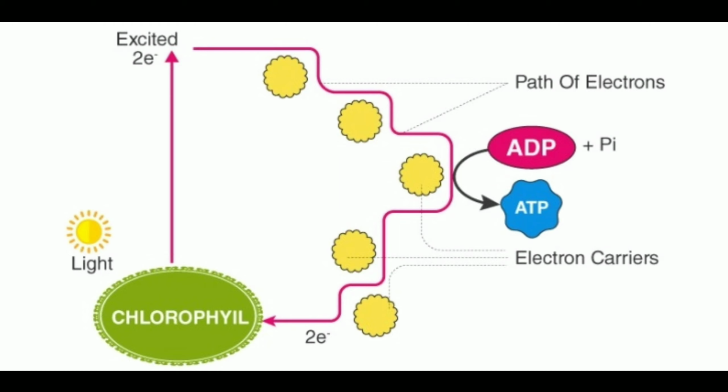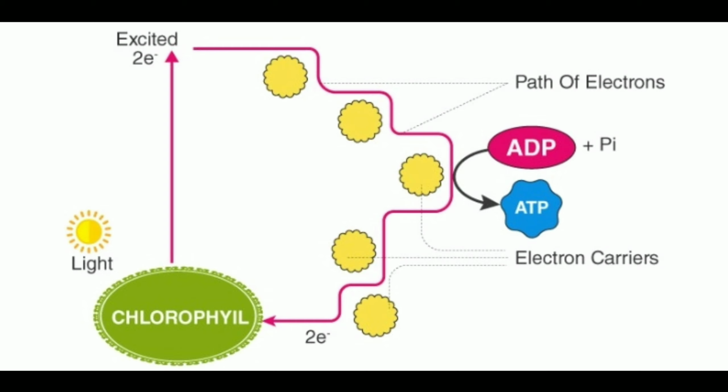And again, when this pair of electrons is passed from plastoquinone to the cytochrome complex, again the ADP with inorganic phosphate forms ATP. So only ATP is formed in this process.